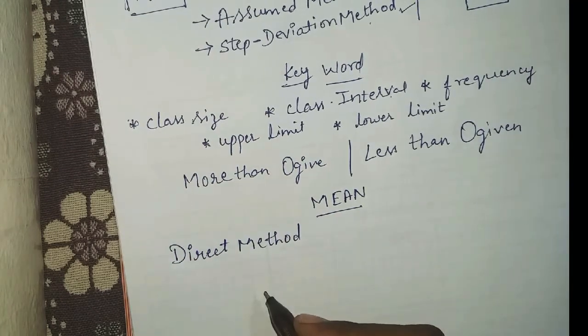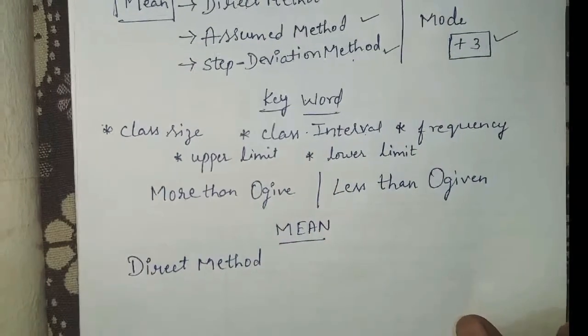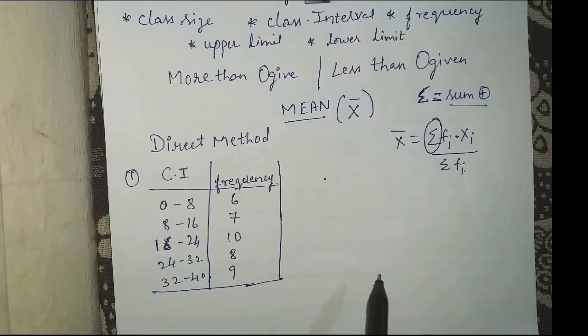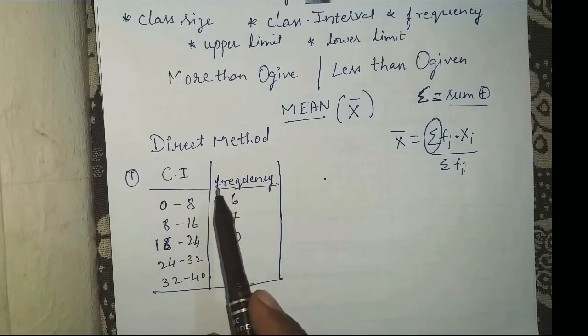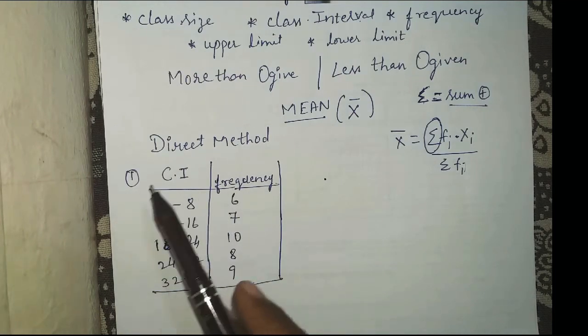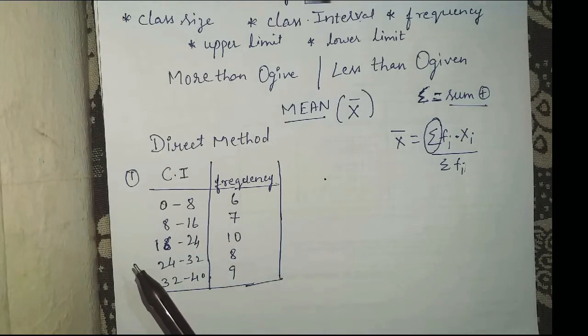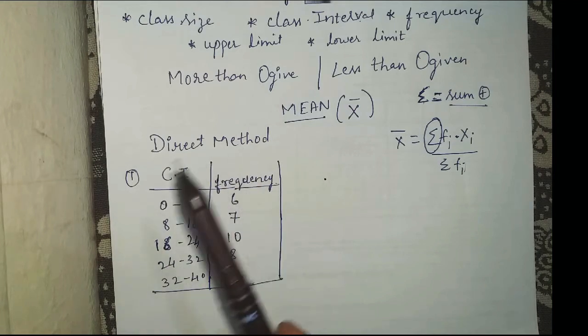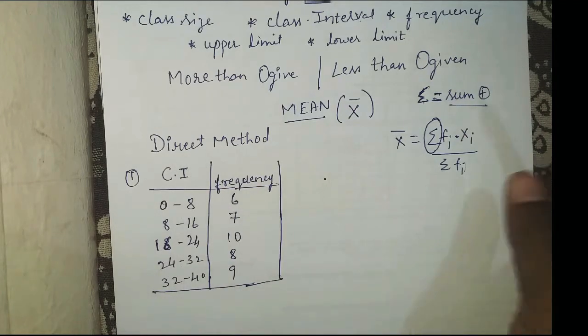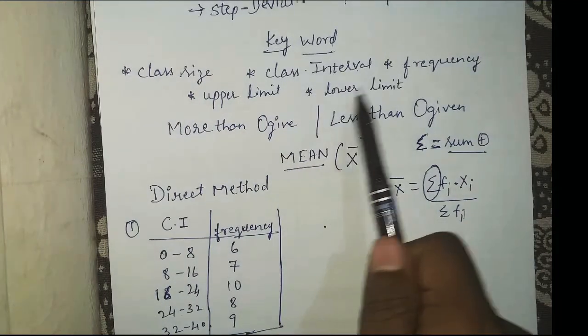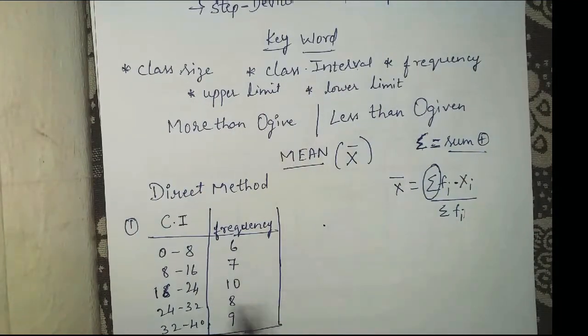So I'll consider one problem. Yes guys, this is a problem. We need to find the mean by direct method. They'll give class intervals and the frequencies. I told you the keywords: class size, class interval, frequency, upper limit and lower limit.